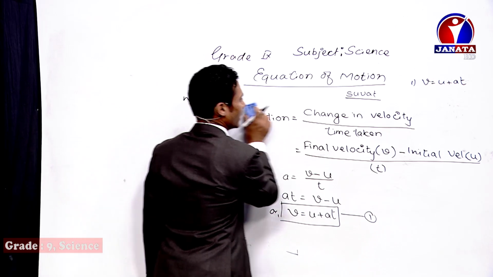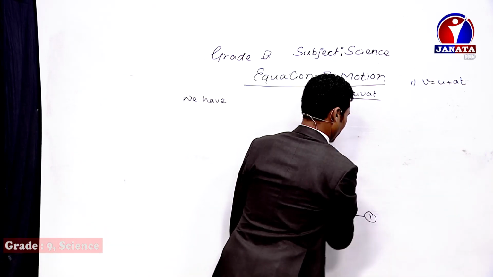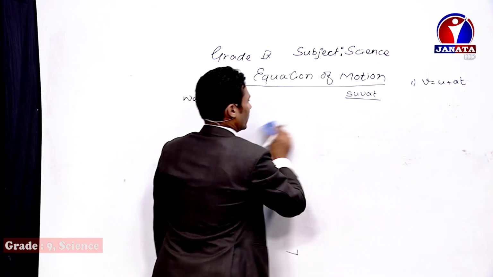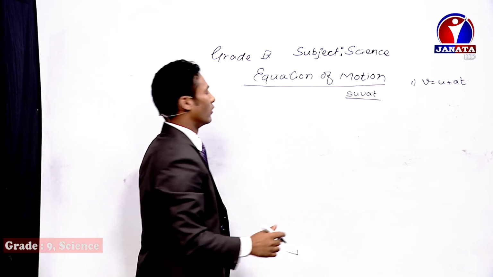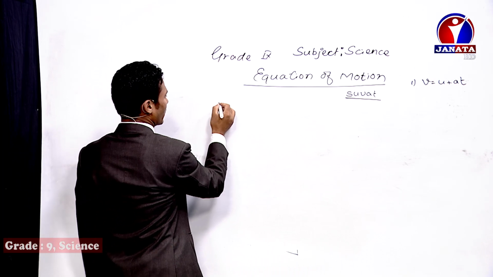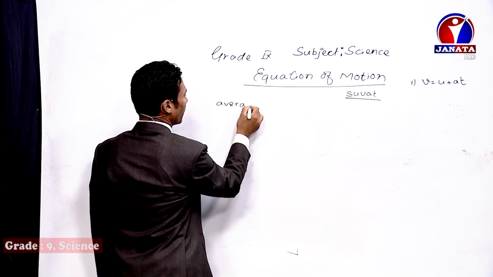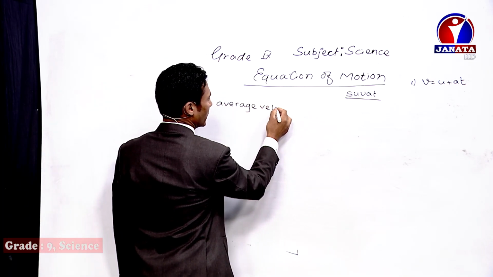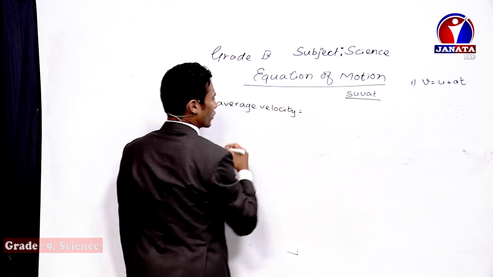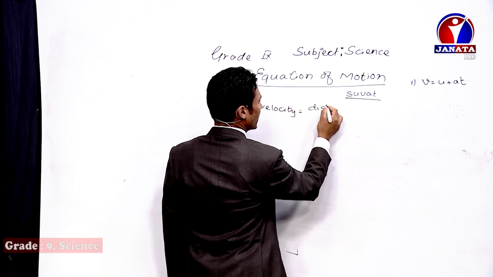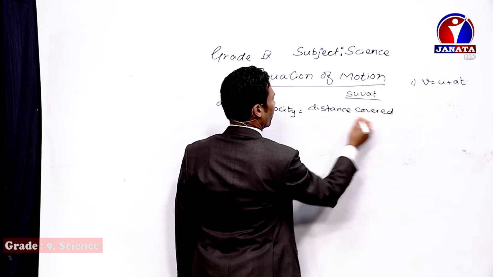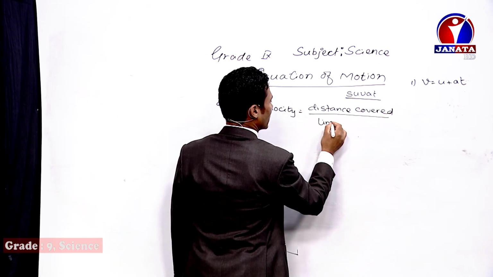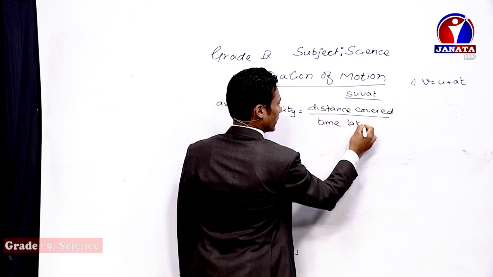How do we derive the second equation? We know the formula of average velocity. Average velocity equals distance covered by time taken.